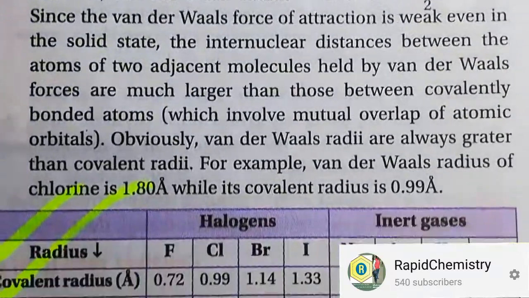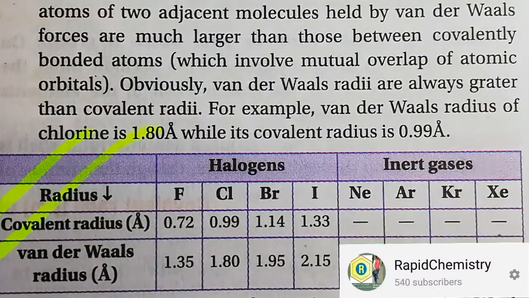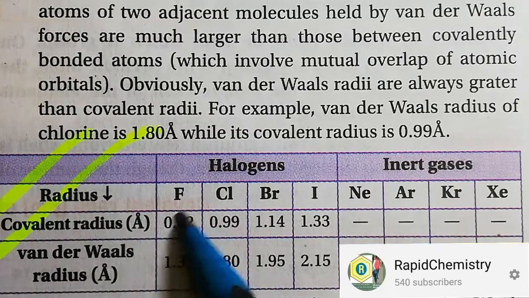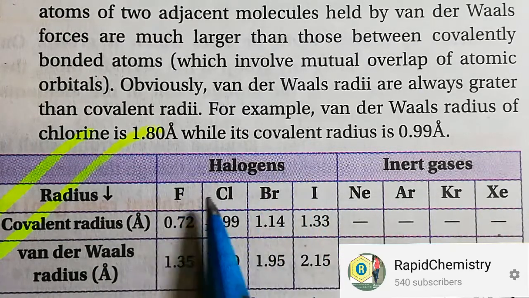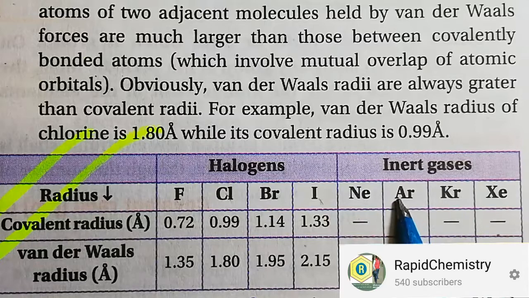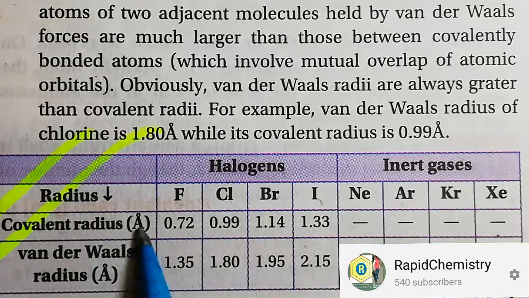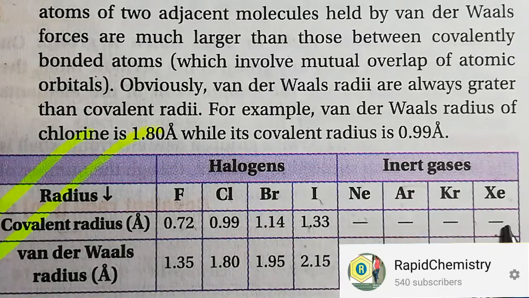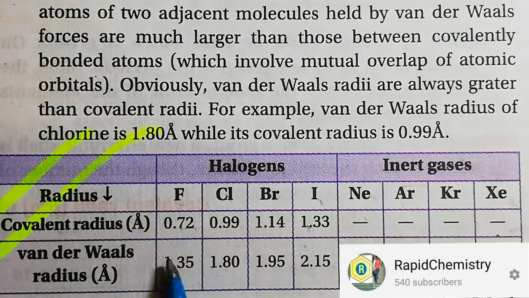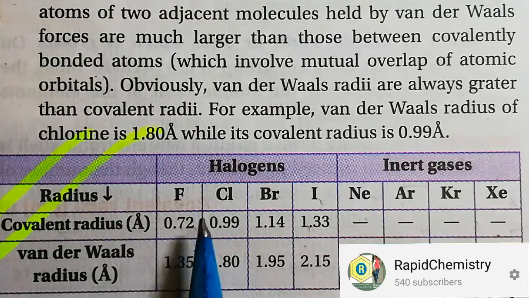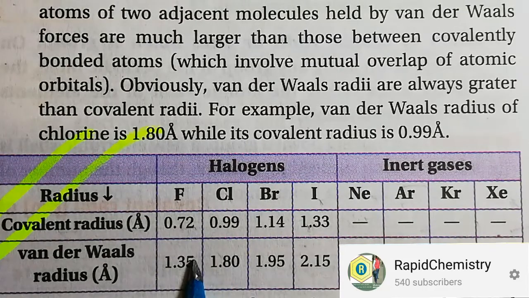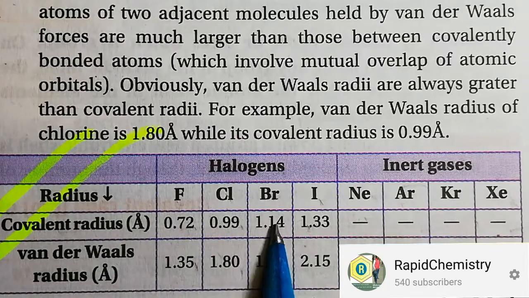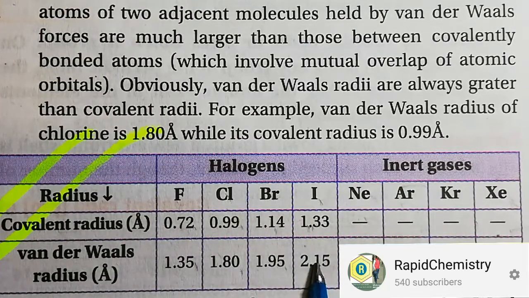Just look at here, these are the different elements, mainly halogens taken, fluorine, chlorine, bromine, iodine, and inert gases are taken. Their covalent radius is given, but for inert gases, covalent radius is not given because they are not forming molecules. If you observe their van der Waals radius, it is always more than the covalent radius.